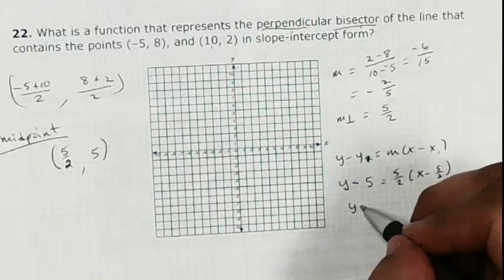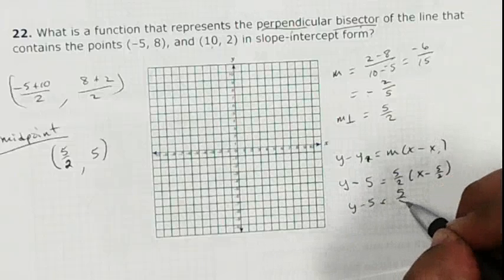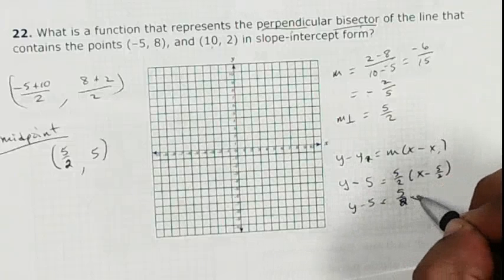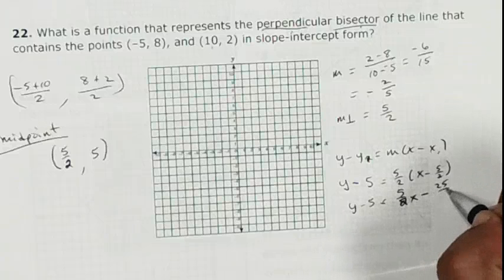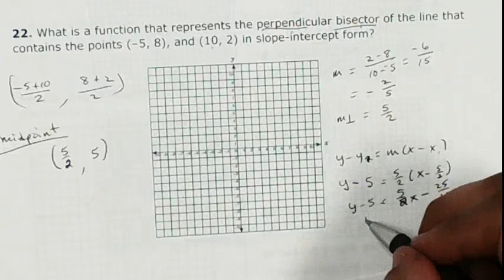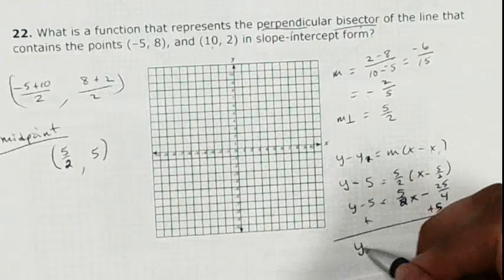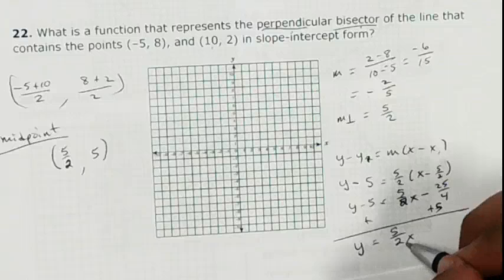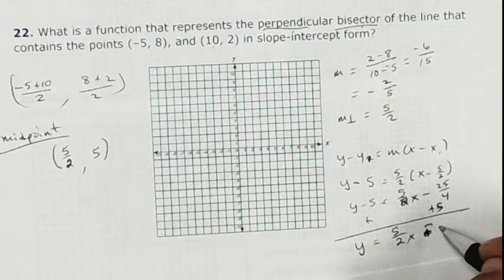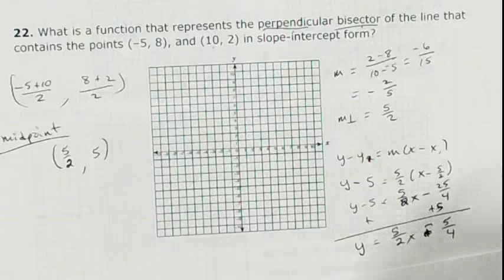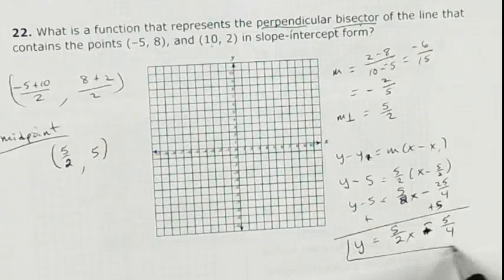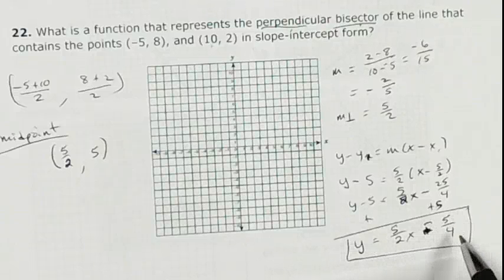So when I distribute, I get y minus 5 is equal to 5/2 x minus 25 over 4. Then I want to add 5 to both sides. Y is going to equal 5/2 x minus 5/4. Okay, and it did say you wanted it in slope-intercept form, so that would be my right answer. Y equals 5/2 x minus 5 over 4.